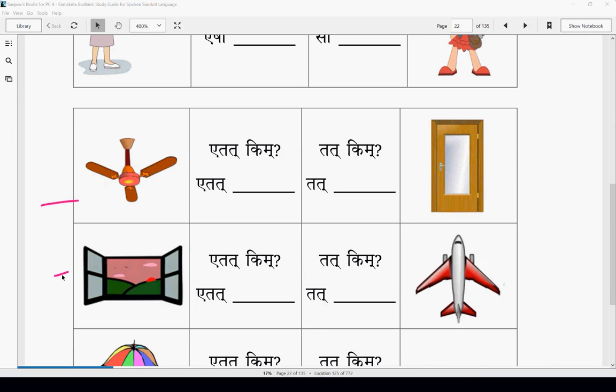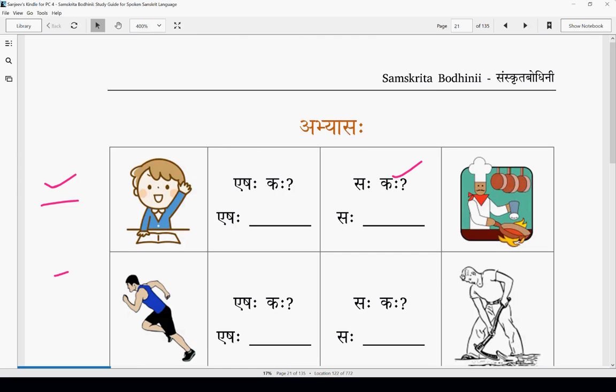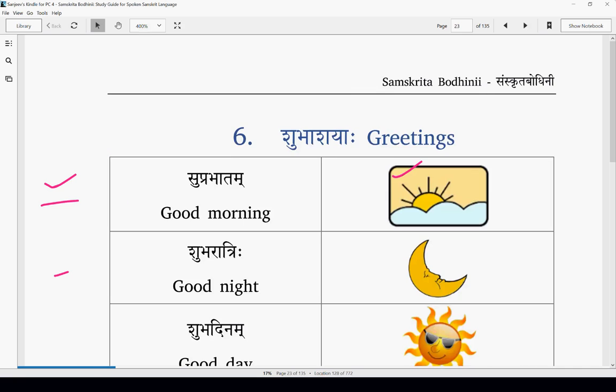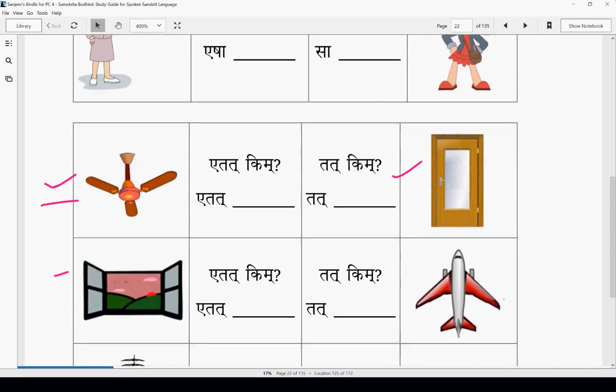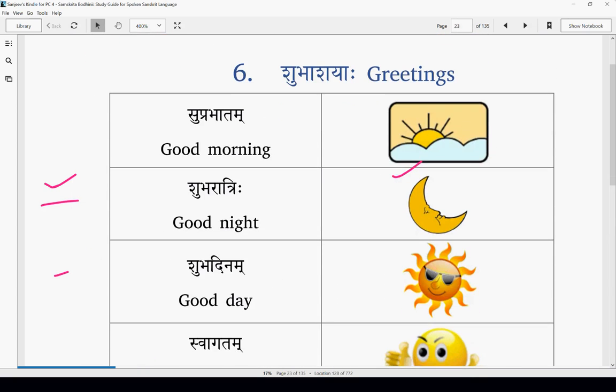Vyajanam. तत् किम्? तत् द्वारं. Dwaram. So all these were there just in the previous page. Okay, so we can move ahead.